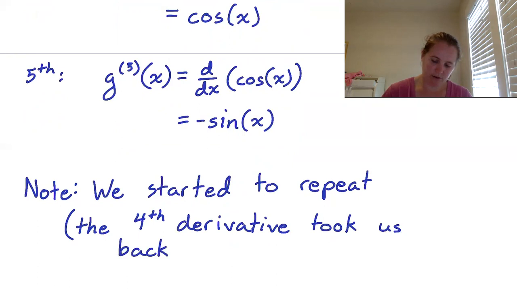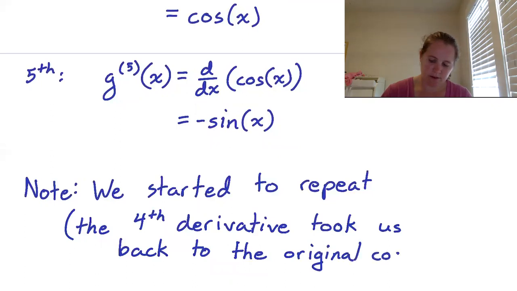The fourth derivative took us back to the original cosine of x. And so what's going to happen is every 4, we're going to keep landing on cosine of x.